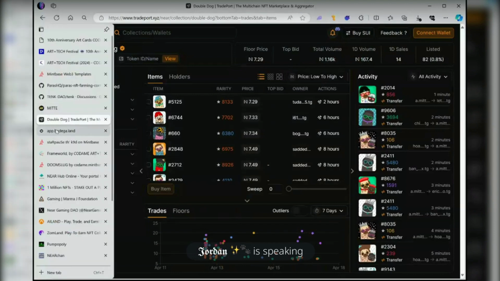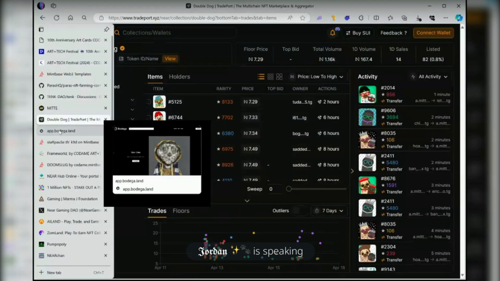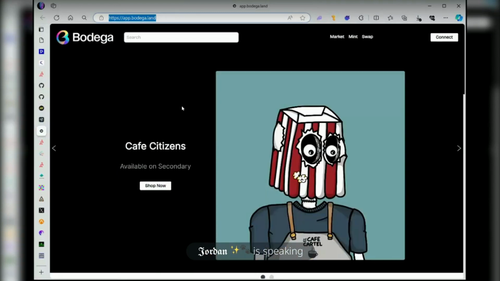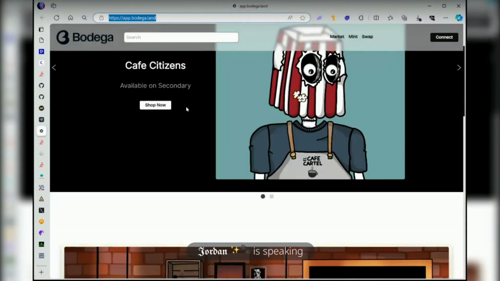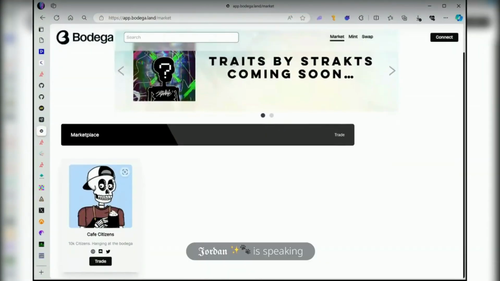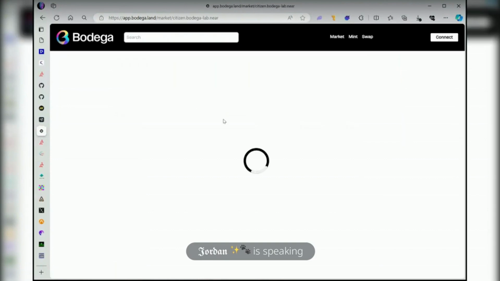MIDI, Tradeport, another marketplace is Bodega. What's interesting about Bodega is that it has the idea of dynamic NFTs. Inside of the marketplace, Cafe Citizens is the first example collection of this.